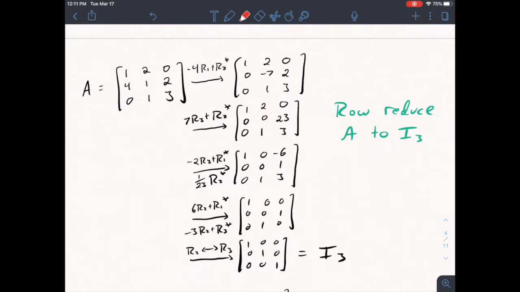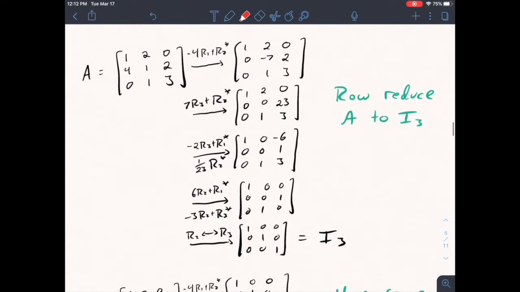And then in the next step, I did the same thing with that 1 to zero out the 2 that was above it to make that a 0. So I did -2 row 3, added to row 1 and replace, etc. I also divided row 2 by 23, multiplied by 1 over 23.